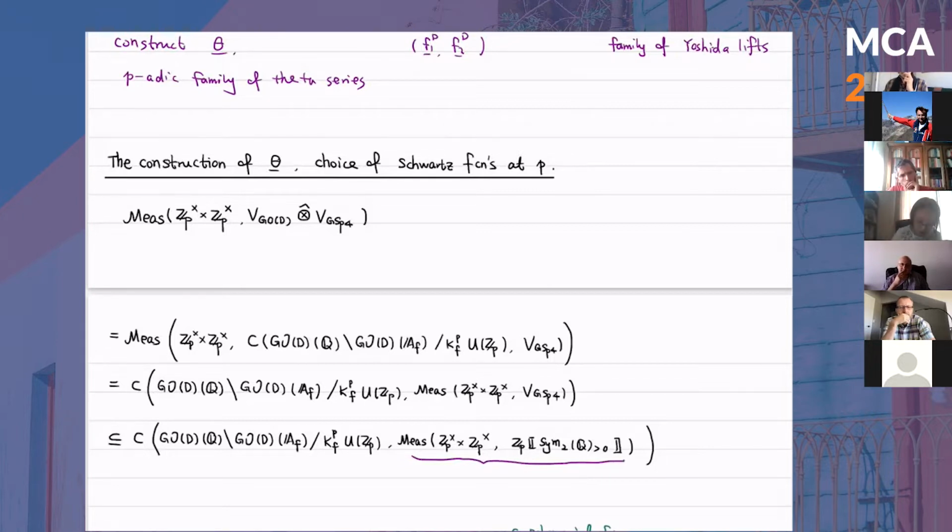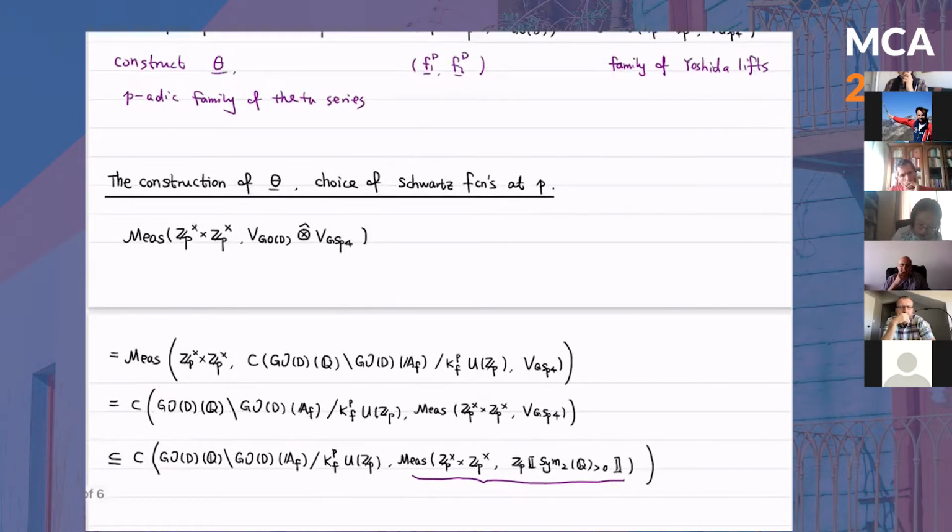So this measure space gives something like Lambda-adic q-expansions. In the end, we want to construct continuous functions on a set of points with values in Lambda-adic q-expansions.